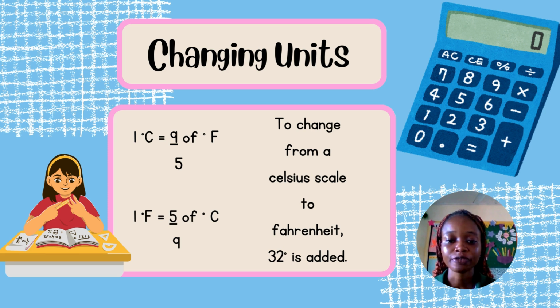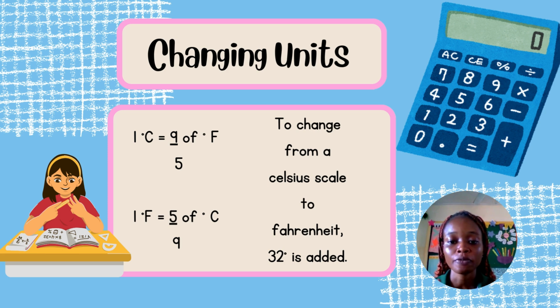We have the Celsius scale and the Fahrenheit scale, and we know the low and high points. To change from a Celsius scale to a Fahrenheit scale, this is the formula we use, and it is on the screen: 9/5 of the degree in Celsius, plus 32.